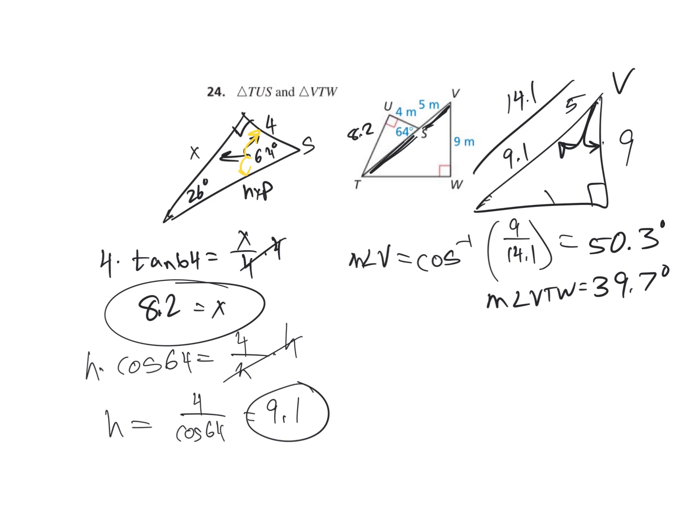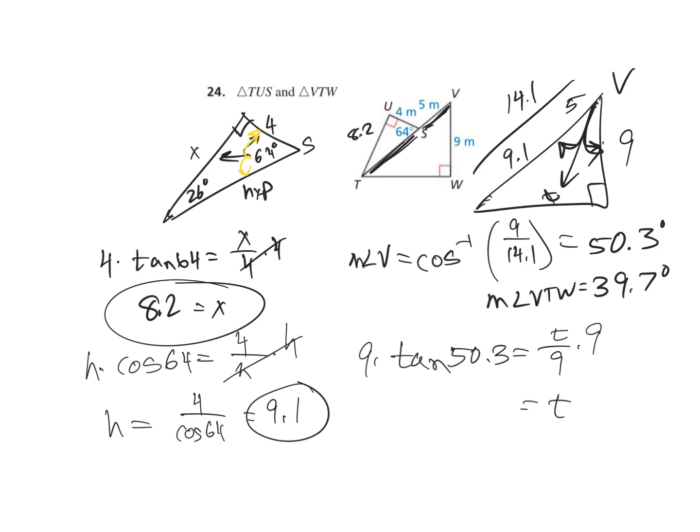But then we got to get this little piece over here. We'll call this little t. So from V, that's the opposite leg, and we'll use the adjacent leg here. So the tangent of V, 50.3, is equal to the opposite leg, t, over the adjacent leg, 9. Multiply by 9.